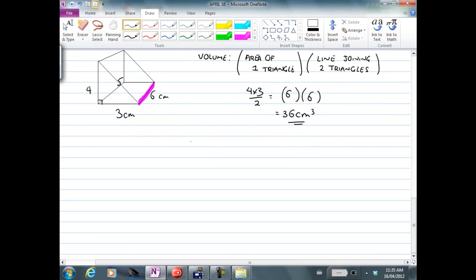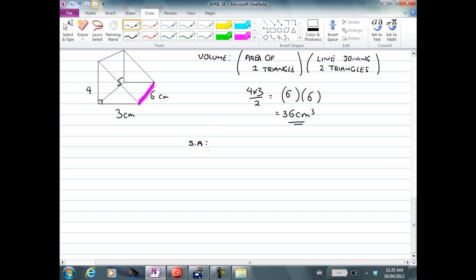Surface area. Surface area is a bit tricky. Before I can do surface area of a triangular prism, I'm going to ask you, Sufyan, how many sides does the triangular prism have? Think. 4.